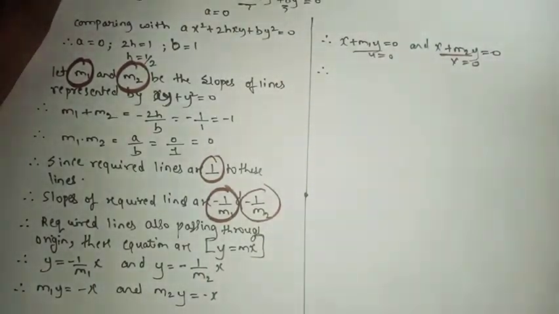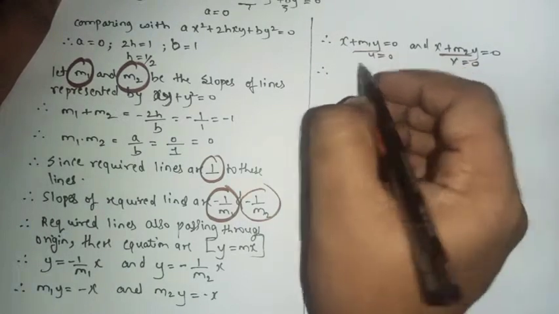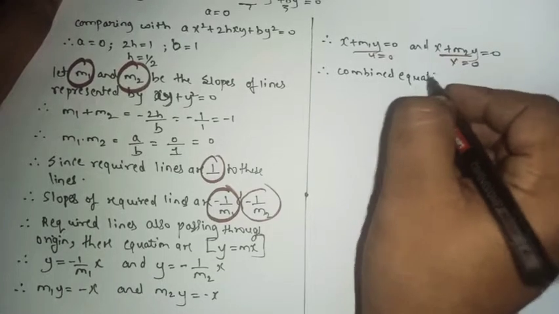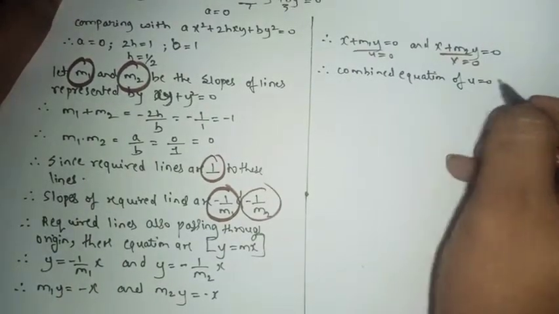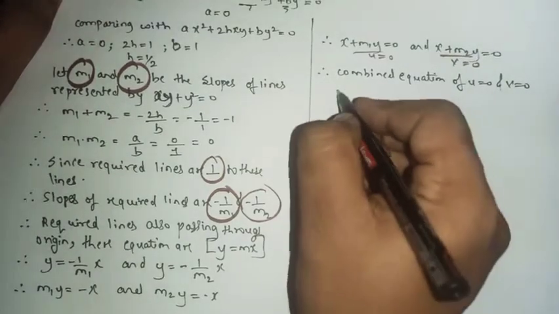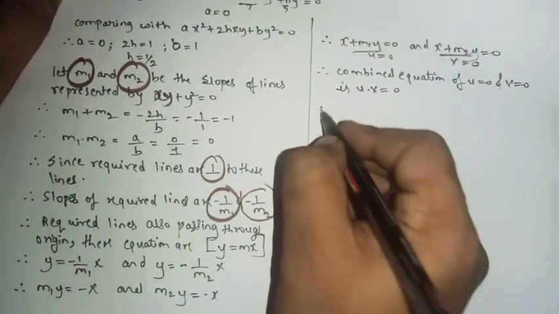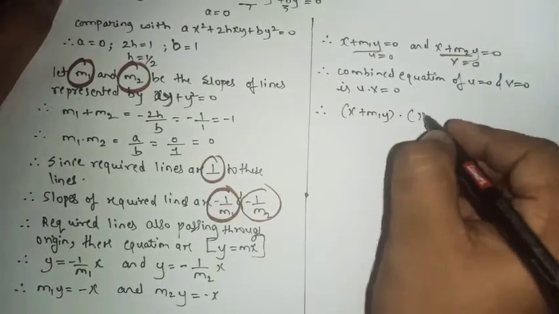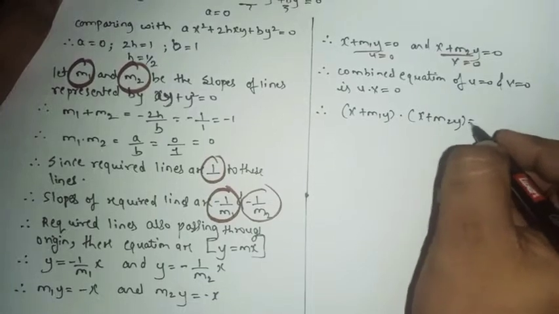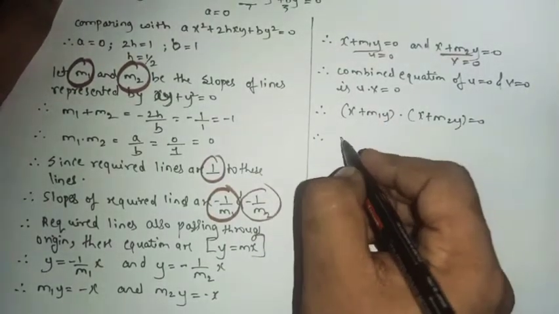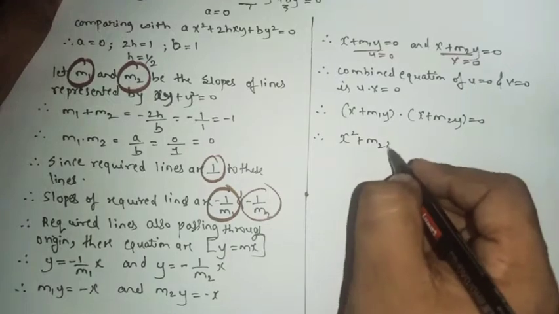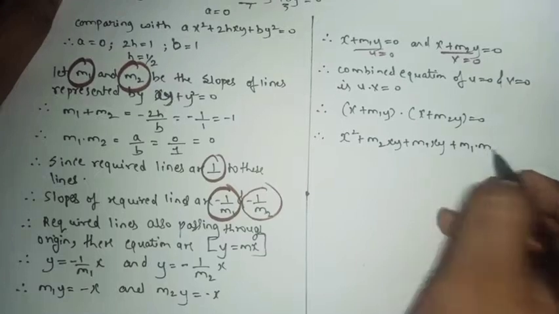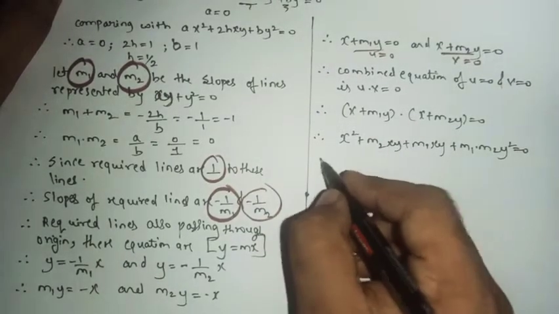As we know, the combined equation of u equal to 0 and v equal to 0 is u into v equal to 0. So therefore (x plus m1y)(x plus m2y) equal to 0. Expanding the brackets, x square plus m2xy plus m1xy plus m1 m2 y square equals 0.